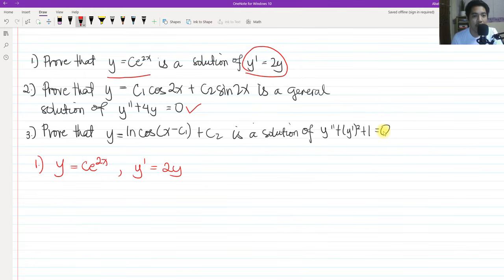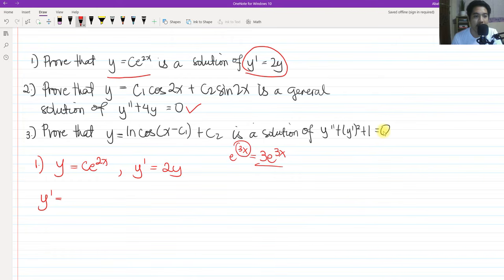So we need to get the y prime in order to substitute it in our equation and to prove that they are equal. So let's get y prime. We are going to differentiate this with respect to x. What happens is that if we are differentiating e raised to 2x with respect to x, that is 2 and copy the original function.